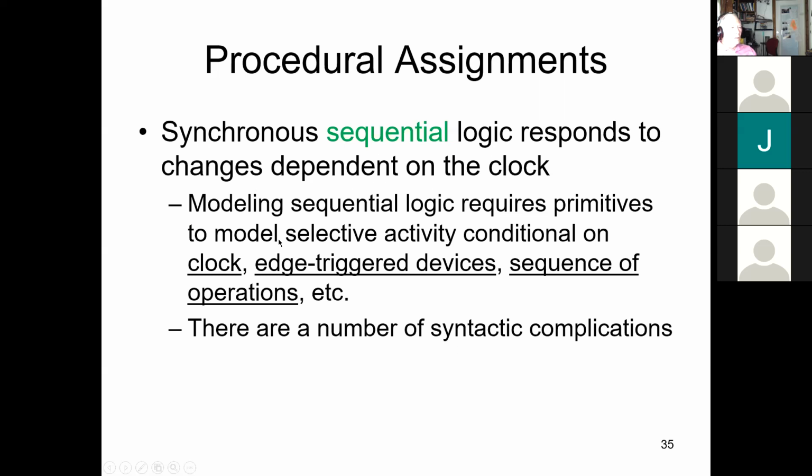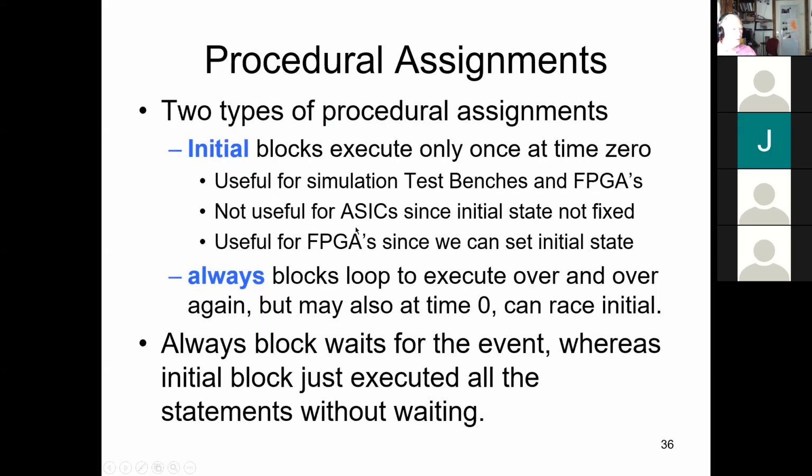And so the synthesizer uses built-in primitives to model this functionality, which would be like edge triggered flip-flops and whatnot. And this causes some issues with your syntax.